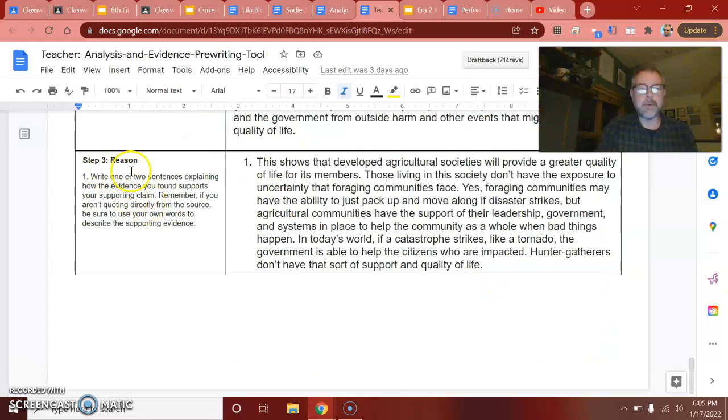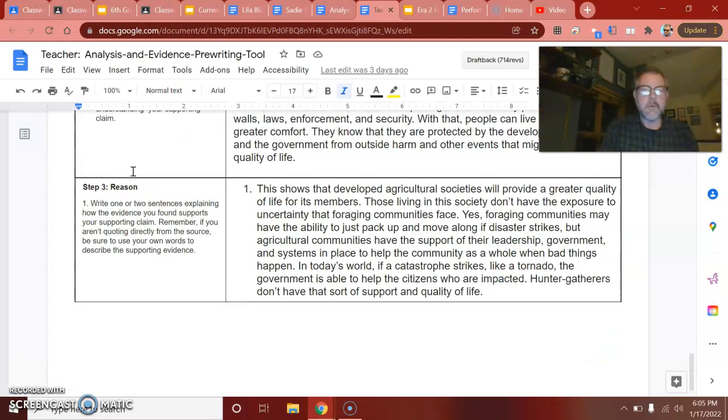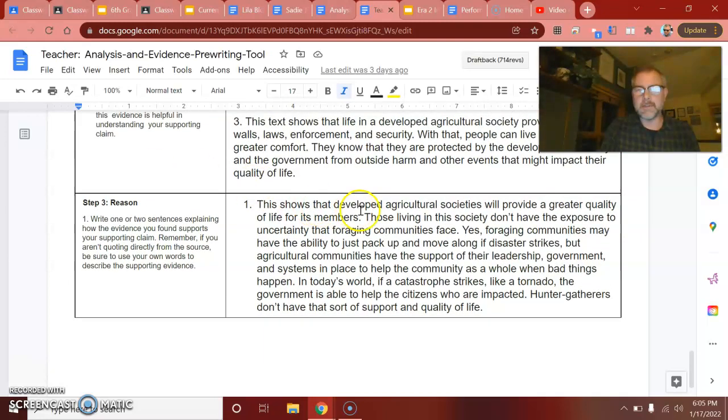And then step three is where I then spin into saying, now, why does this prove that my supporting claim and ultimately my major claim is true? So, this shows that developed agricultural societies will provide a greater quality of life for its members.